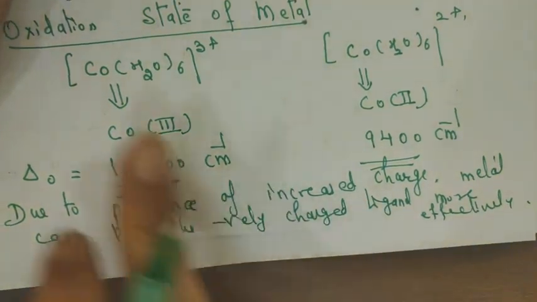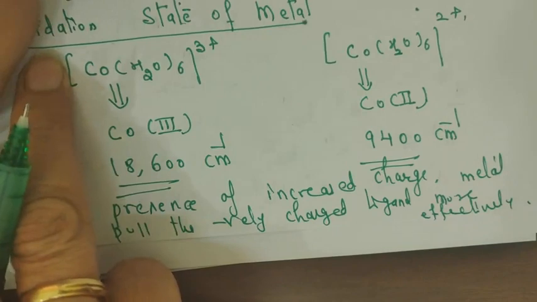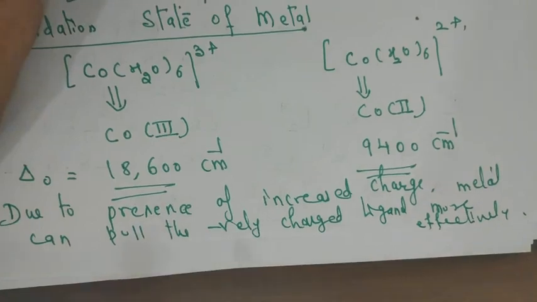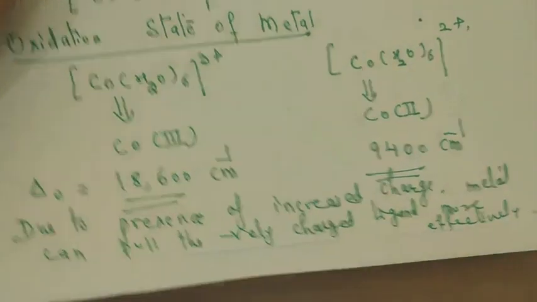So, more the oxidation state of the metal, more will be the tendency of the metal to attract the negatively charged ligand towards itself, and larger will be the value of crystal field splitting.